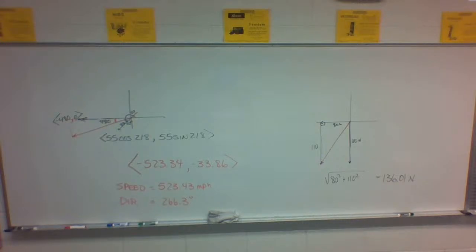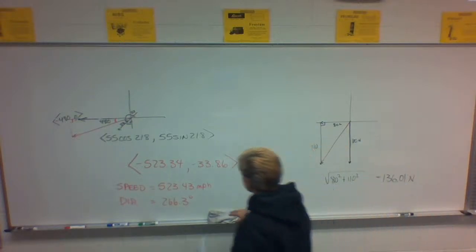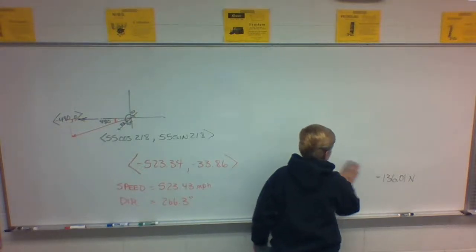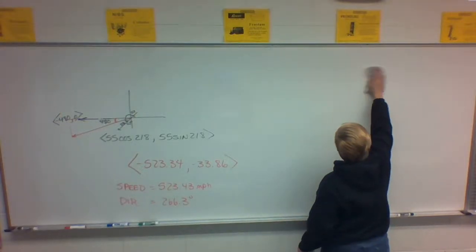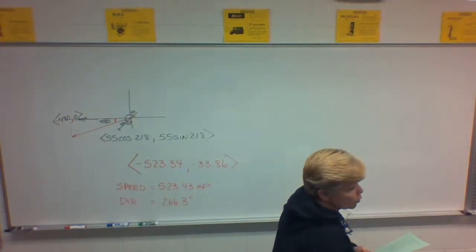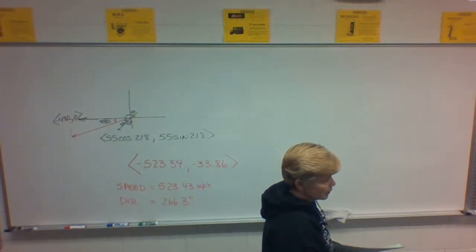Number 9 says find the rectangular coordinates of a point with the given polar coordinates. So it's going to give you a point, polar coordinates. Remember, the first coordinate is r, second one is theta, and it's theta measured in the normal way, not a bearing.